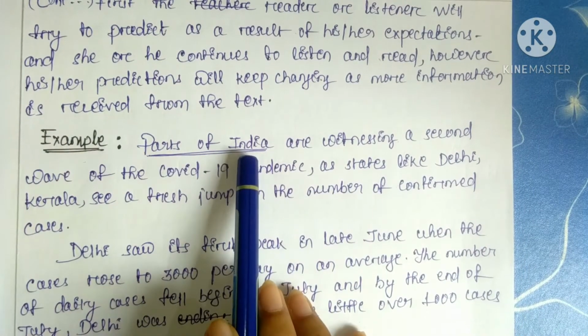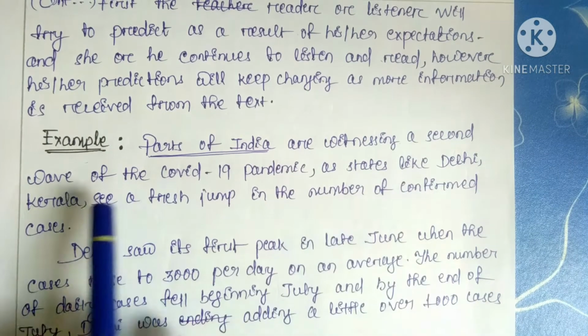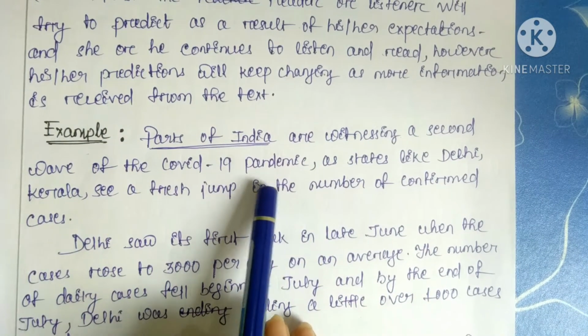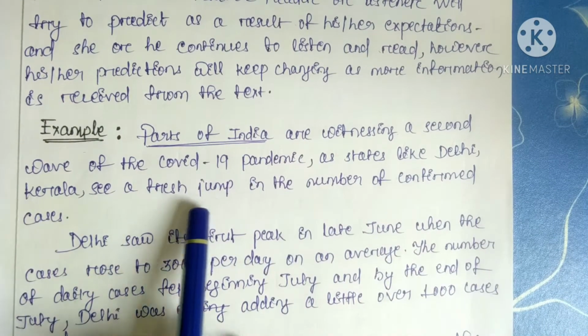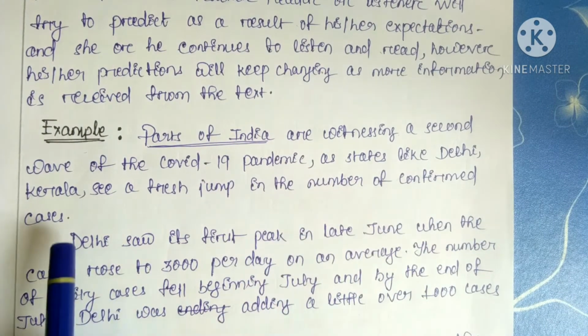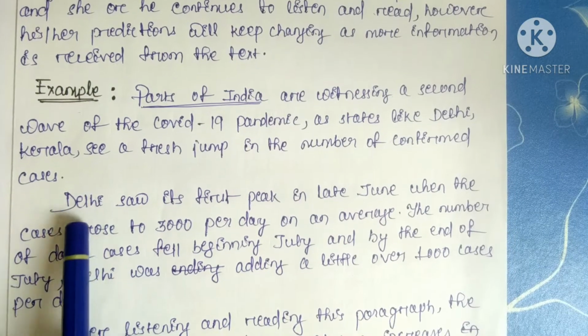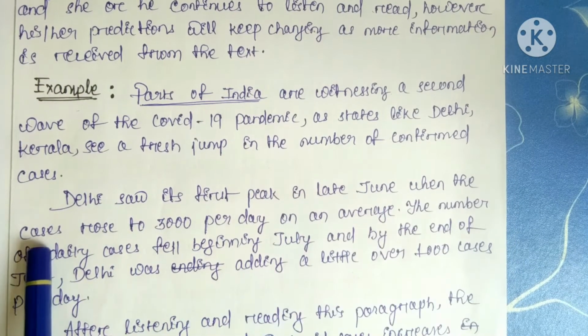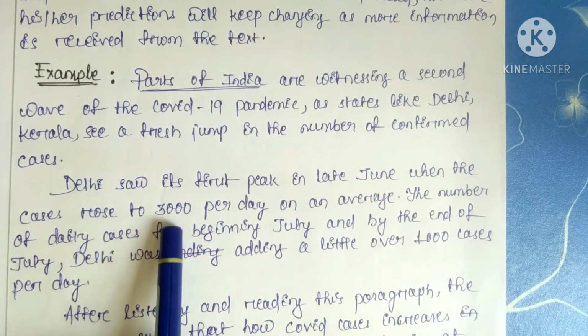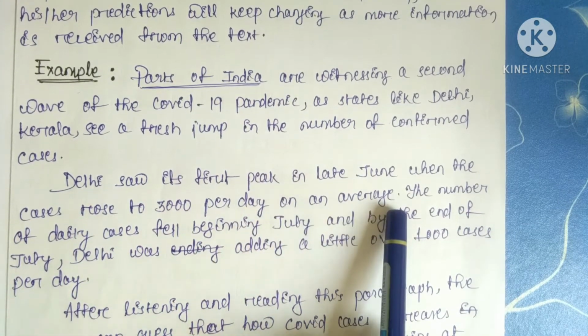Example: Parts of India are witnessing a second wave of the COVID-19 pandemic as states like Delhi and Kerala see a fresh jump in the number of confirmed cases. Delhi saw its first peak in late June when the cases rose to 3,000 per day on average.